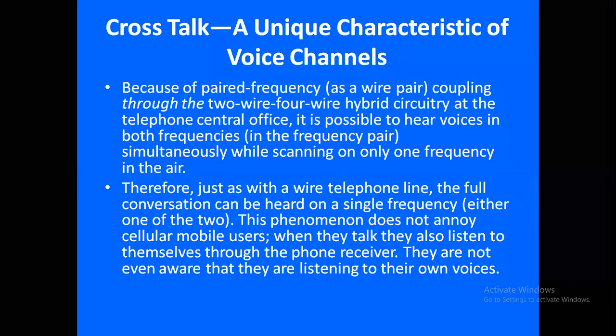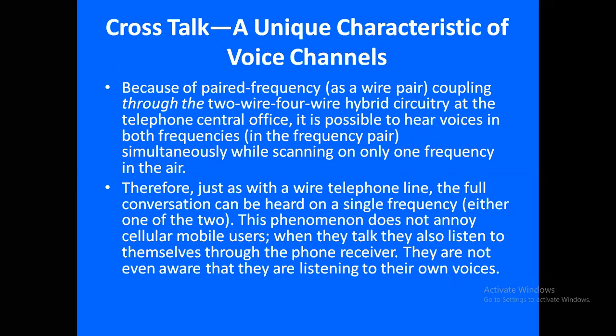We can hear in the forward as well as the reverse channel. Therefore, just as with a wire telephone line, the full conversation can be heard on a single frequency.